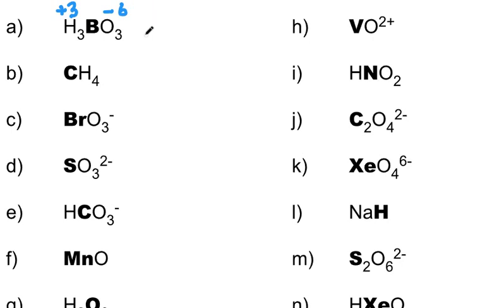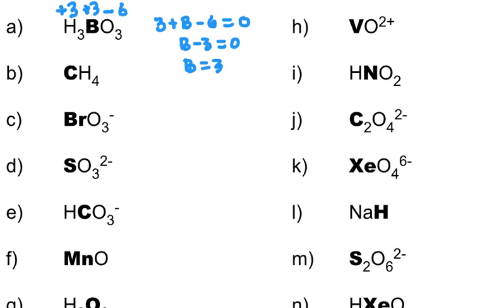So what does boron have to be to get us to a total of 0? If we wrote this in math, we'd write 3 plus B minus 6 equals 0. 3 minus 6 is negative 3. B must be 3. So the oxidation number for our boron must be plus 3, so that we get the desired total of 0.